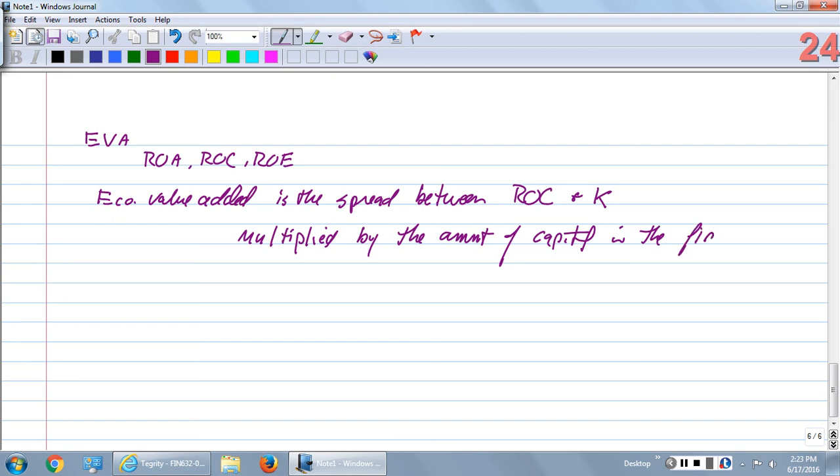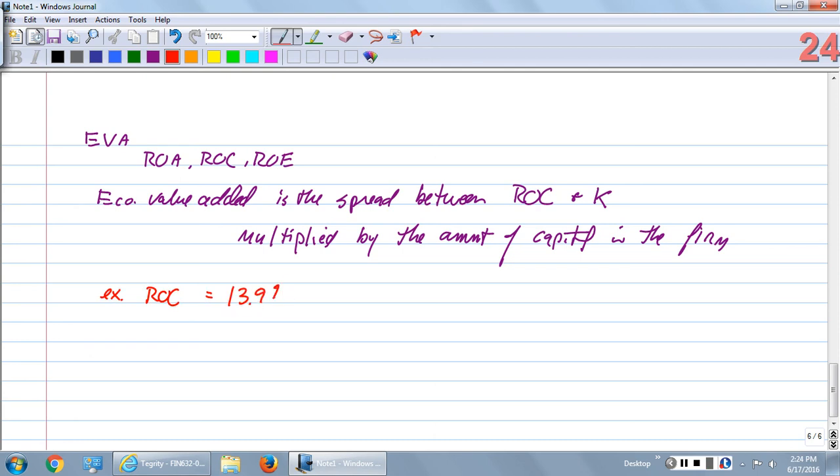All right. So, what does that mean? Well, let's put some numbers in here. In fact, you've got a great example with Intel. They tell us that the firm's return on capital was equal to 13.9%.